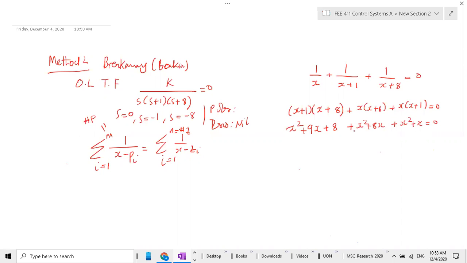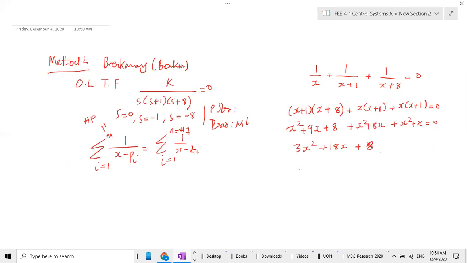So we have 3X squared; 9X plus 8X is 17, plus this one is 18X, plus 8, right?